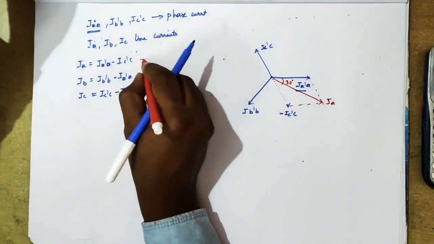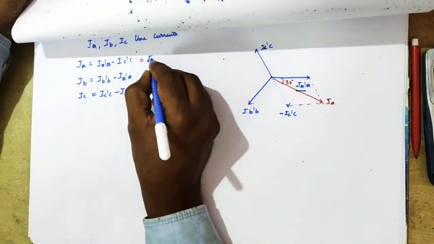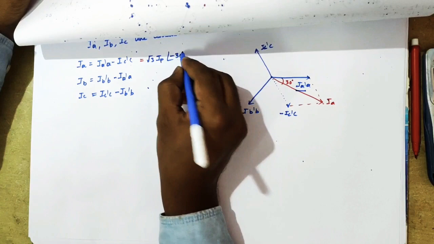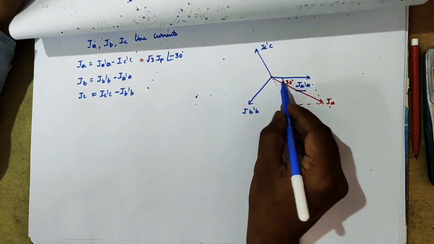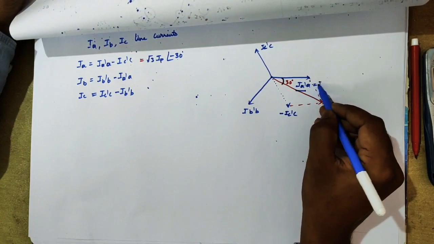We obtained the line current I A equal to root 3 I phase at an angle of minus 30 degrees.